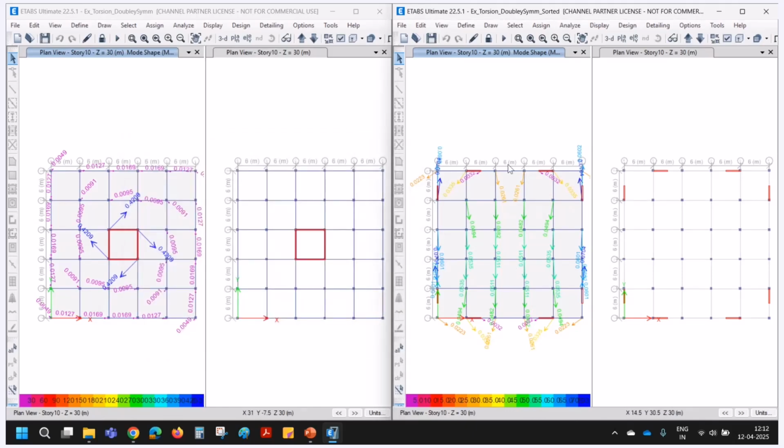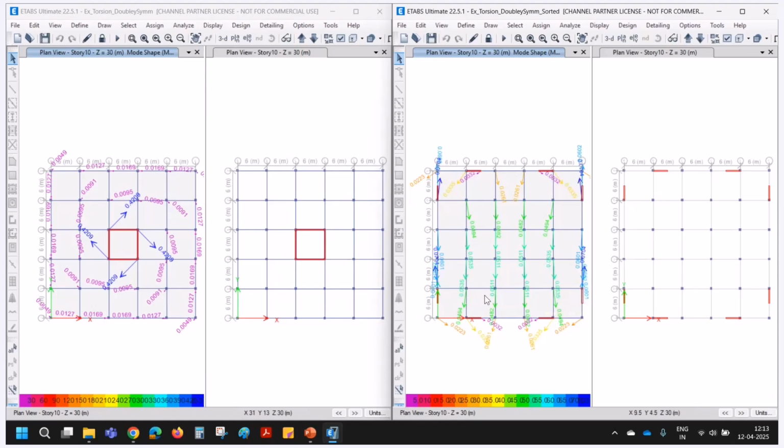And you can see mode 1, which is in the y direction translation as shown in the slides. And you can also see force in columns as well as the shear walls.